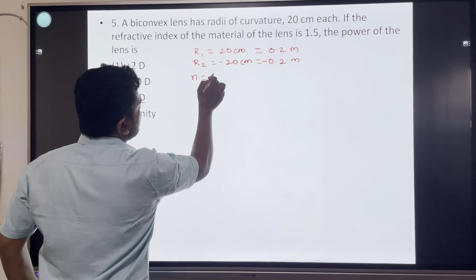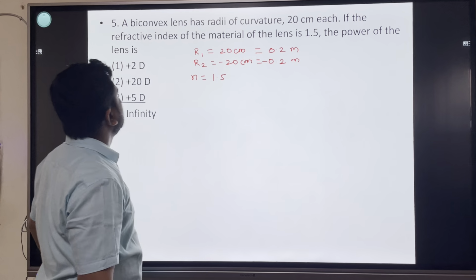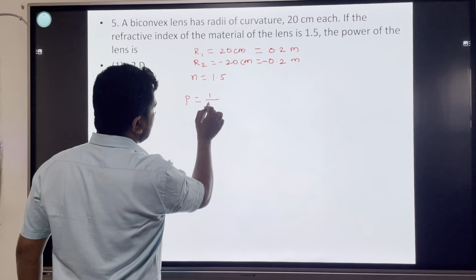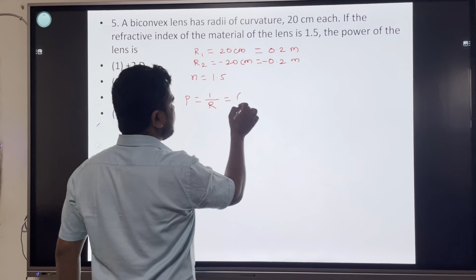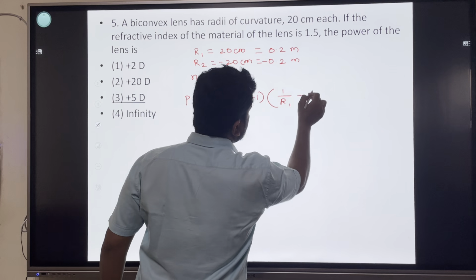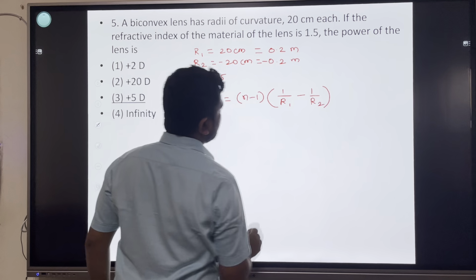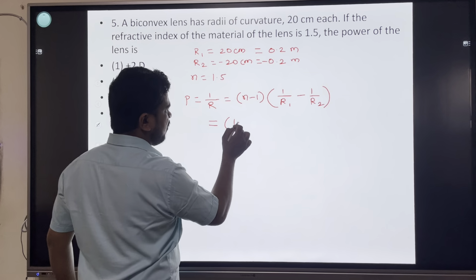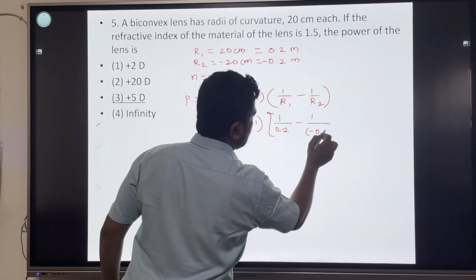Refractive index n is 1.5. The power of the lens is P equal to 1 upon f, equal to (n minus 1) in bracket 1 upon R1 minus 1 upon R2. Put the values and calculate: 1.5 minus 1 in bracket 1 upon 0.2 minus 1 upon minus 0.2.